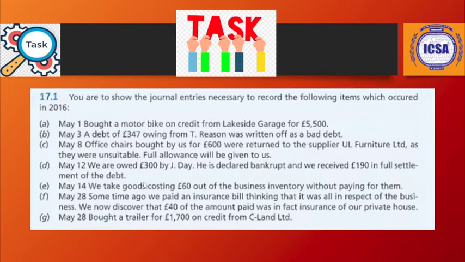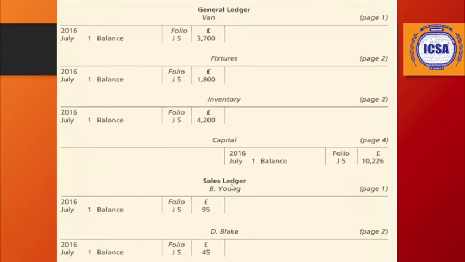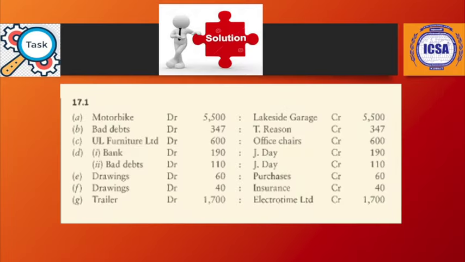Next entry, we take goods costing 60 out of the business inventory without paying for them. So it will be considered as drawings. Drawings debit 60 and purchases 60 credit because purchases stock is to be reduced. Purchases are credited with 60 and drawings expenses increased with 60.